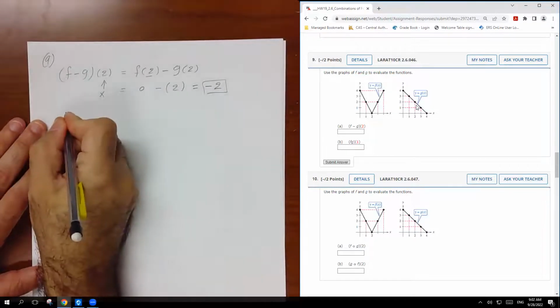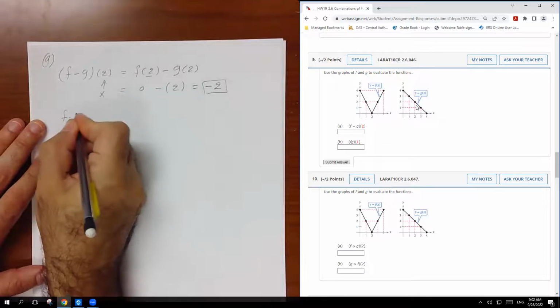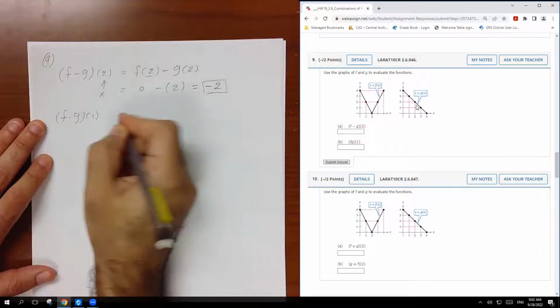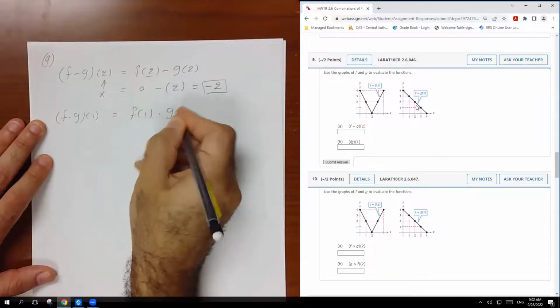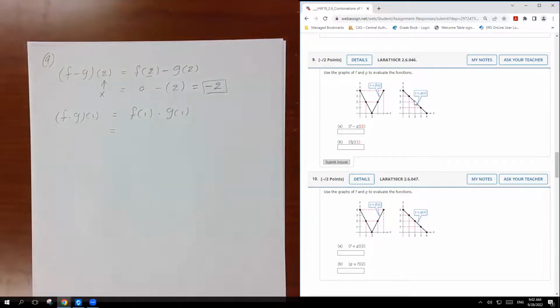The second one, they ask you to find f times g at 1. That means x equals 1, which is f of 1 times g of 1. Now f of 1, let's go to the f function.